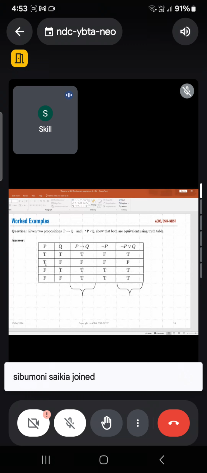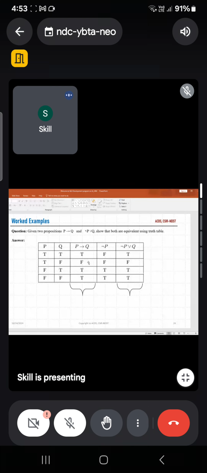Then if P is true and Q is false, we write false. But when P is false and Q is true, we write true. If P is false and Q is false, then P implies Q is true. Regardless of Q, if P is false, we write true.